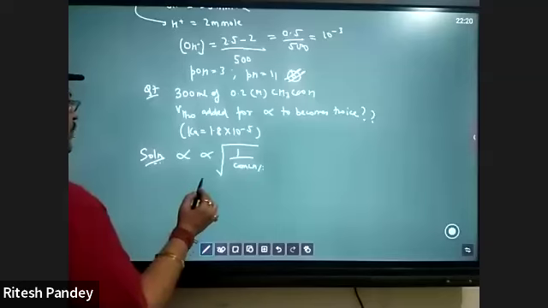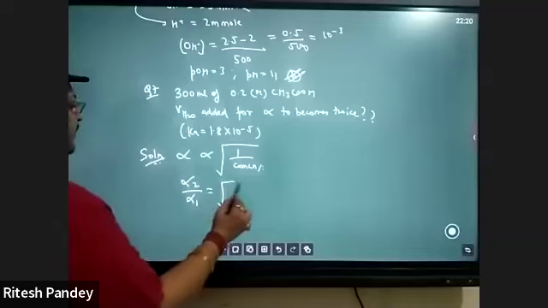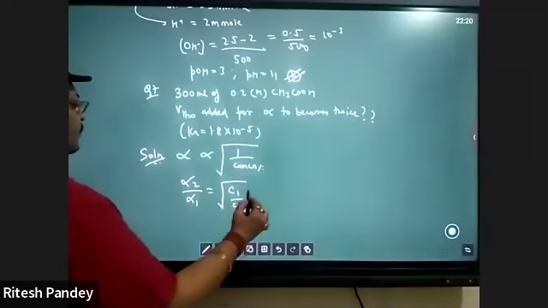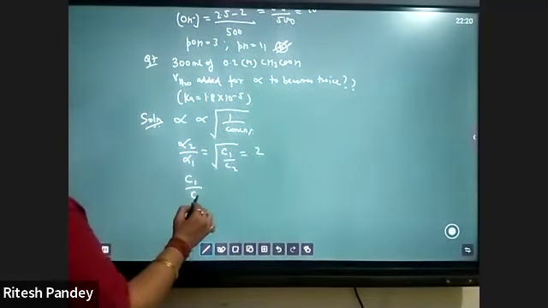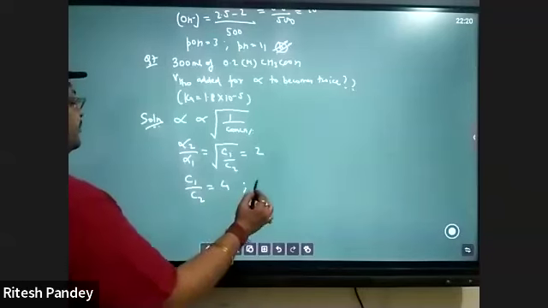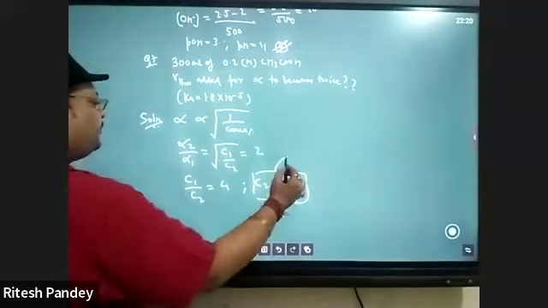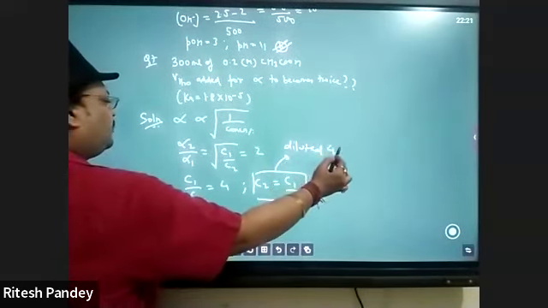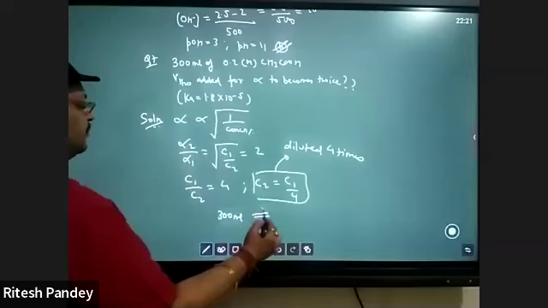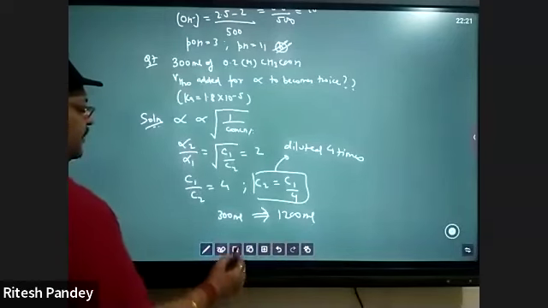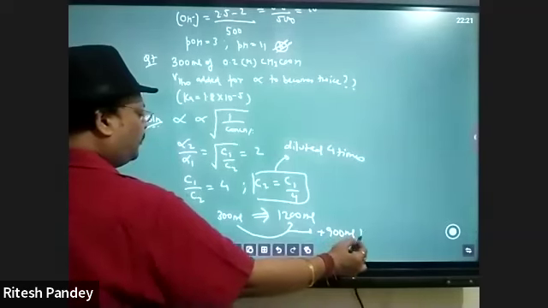If I write alpha 2 by alpha 1 is equal to root of C1 upon C2, and I want this to be 2, I obviously want concentration 2 to have become 1/4. So C2 becoming 1/4 means diluted 4 times. And if it is diluted 4 times, 300 ml needs to become 1200 ml, where naturally the volume of water added would be 900 ml of water.